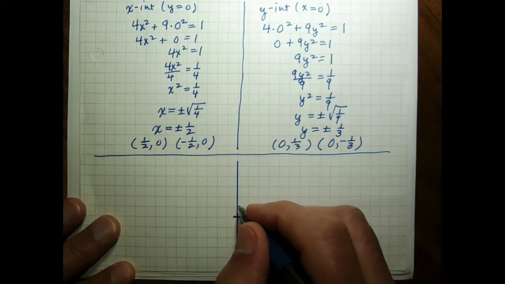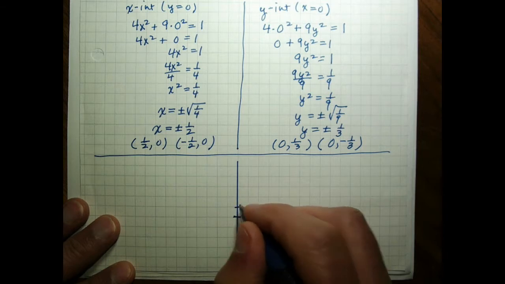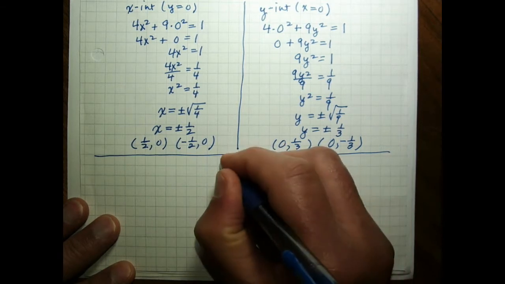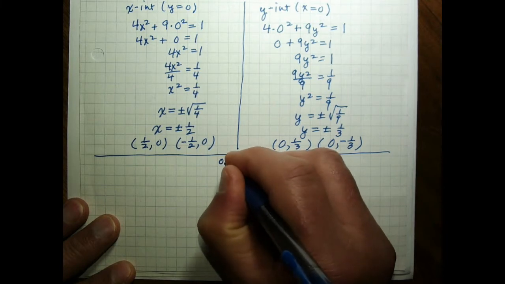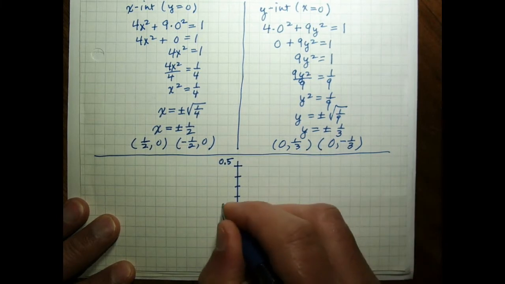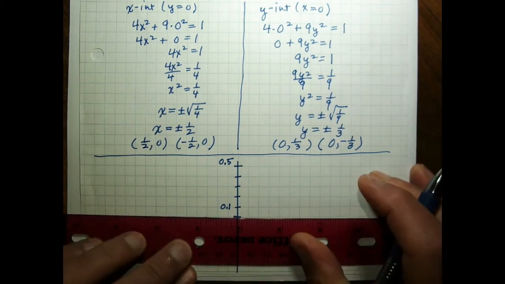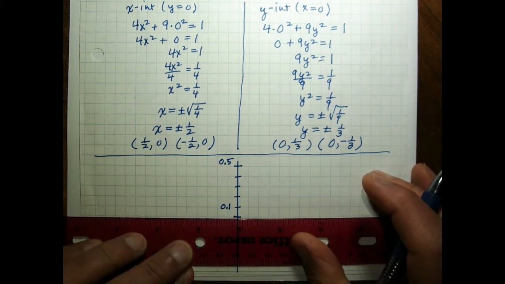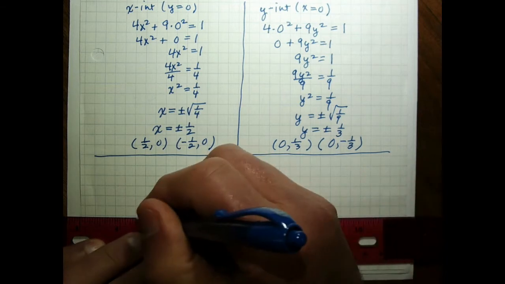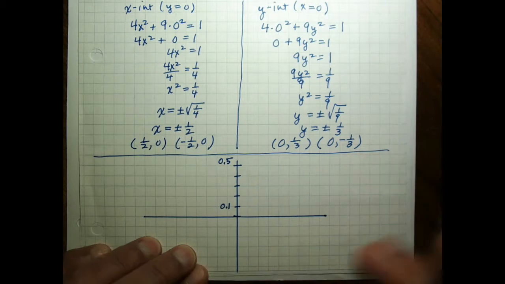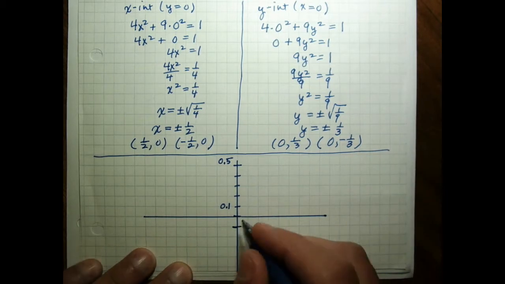I'm actually going to count by 0.1, 0.2, 0.3, 0.4, 0.5. So I'm changing the scale. I'm making the size of each square 1/10 or 0.1 because I have these fractions to deal with.